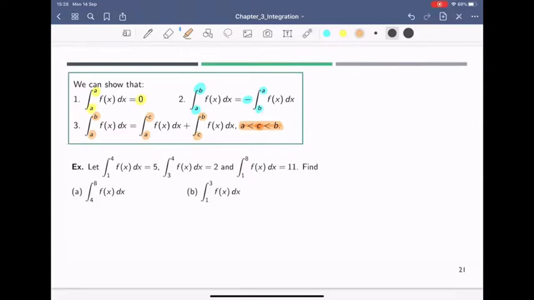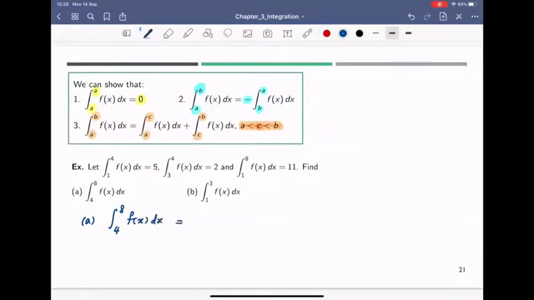Let's say that the integral from 1 to 4 of f equals 5, the integral from 3 to 4 of f equals 2, and the integral from 1 to 8 of f equals 11. I want the integral from 4 to 8 of f of x dx.